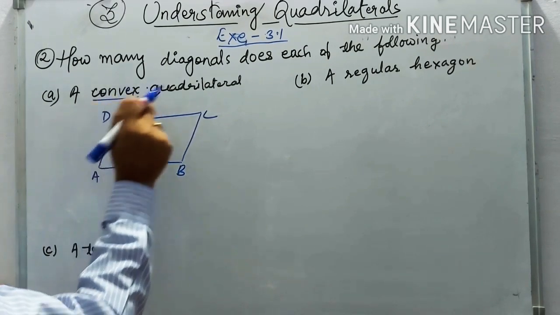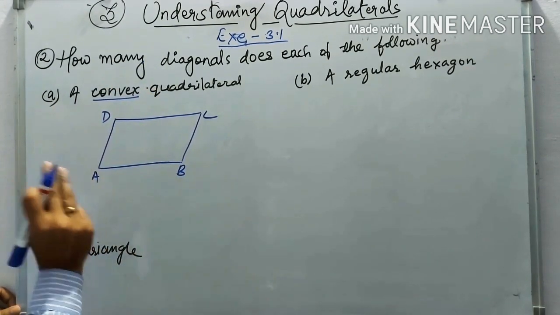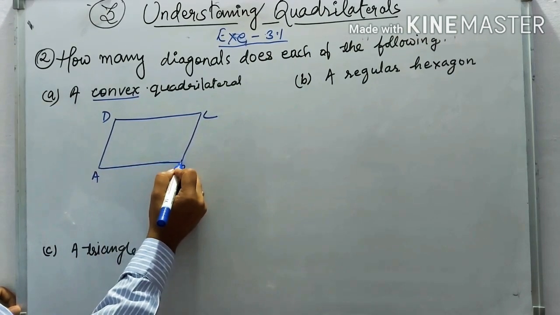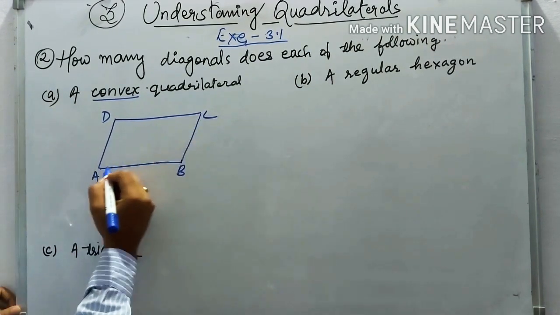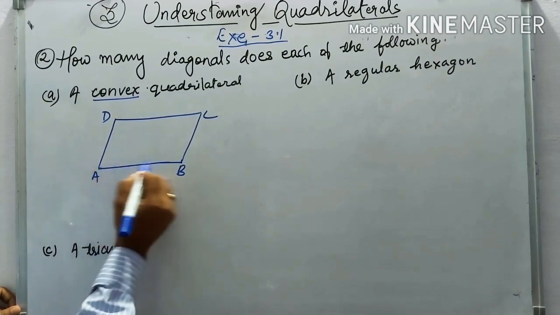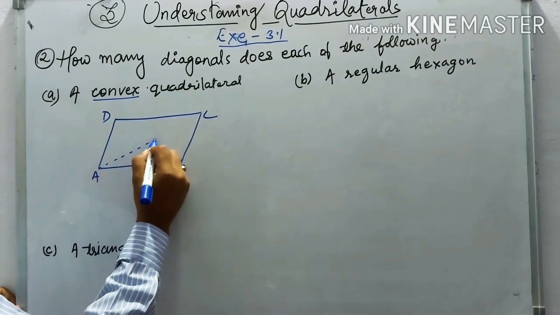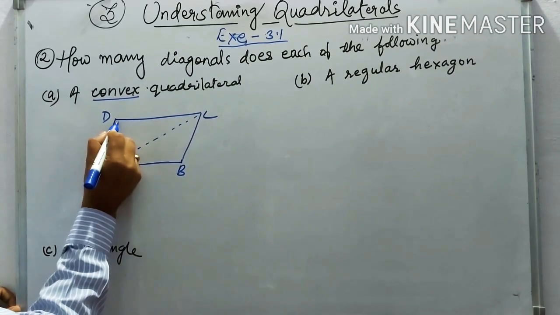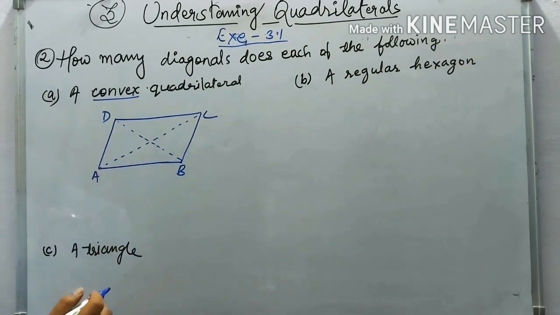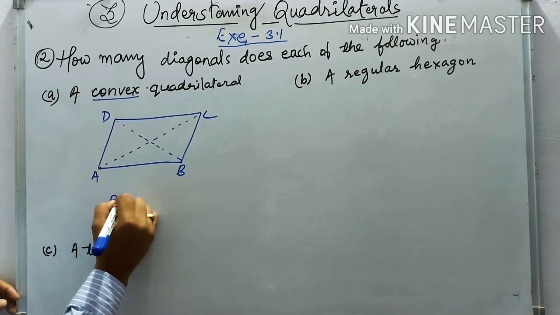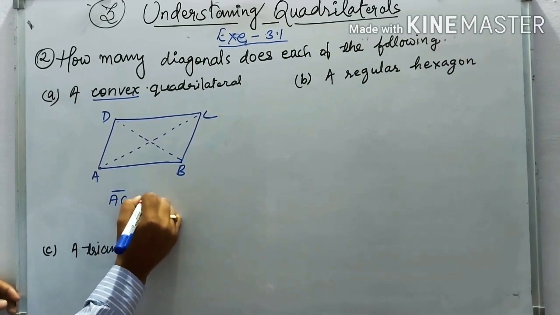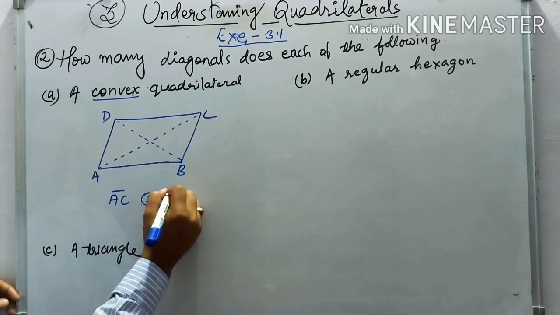Diagonals join two non-consecutive points: A joins C, and B joins D.